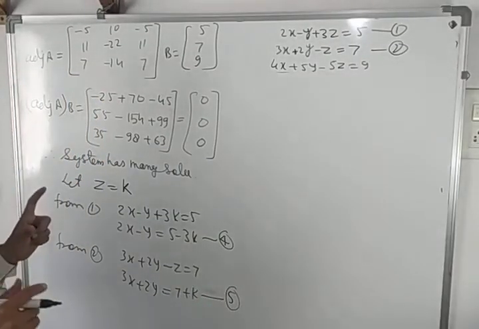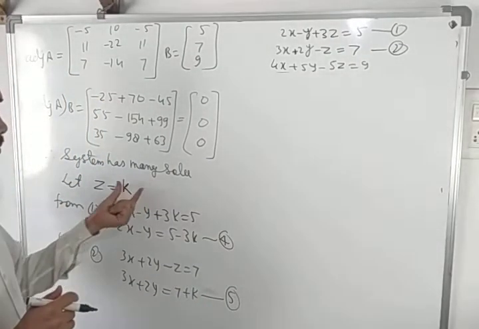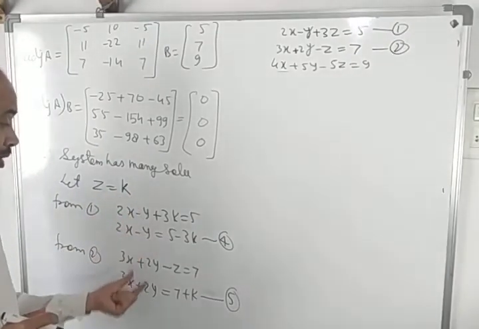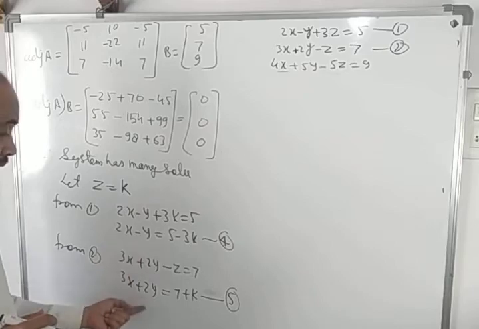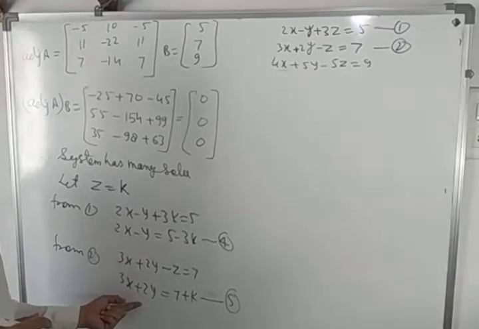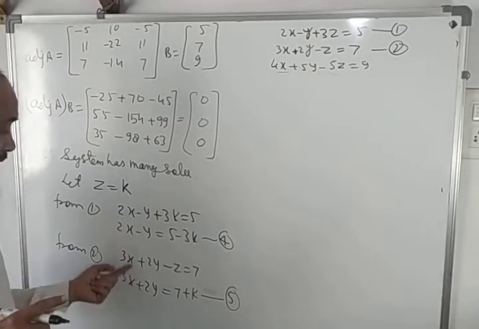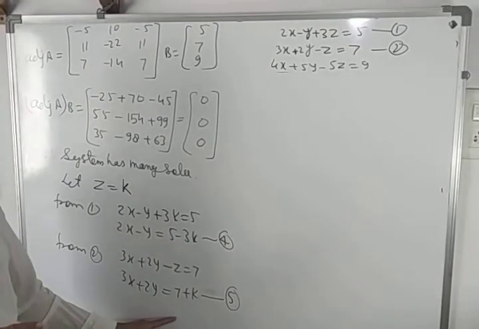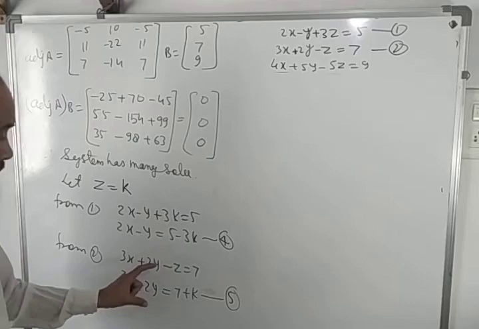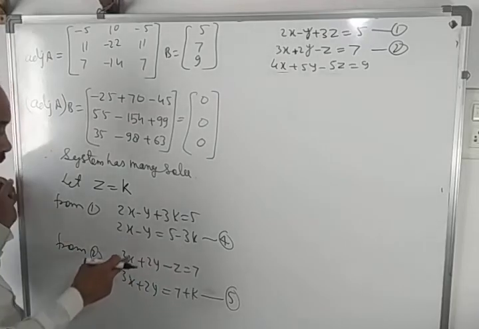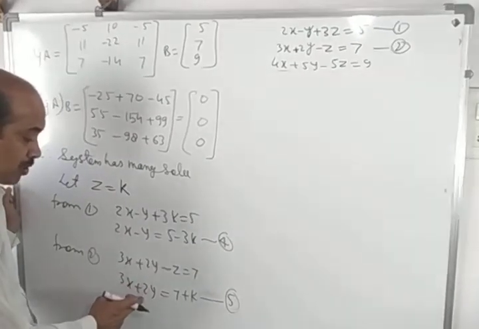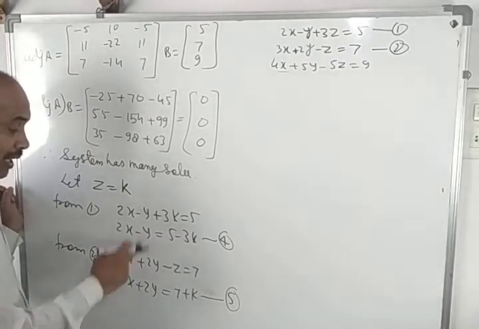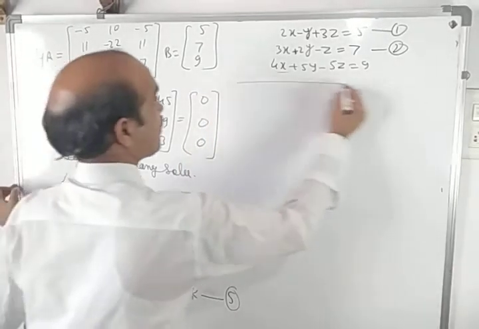It means to get many solutions, we have to suppose any one of the variables as k, put it in any two of the equations, and after solving these two equations, we will get the values of x and y in terms of k. Now we are finding this. This is minus y, this is plus 2y. We will multiply 4 by 2 and add them, so y will be cancelled.